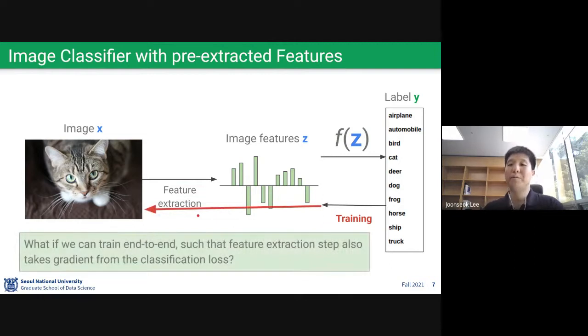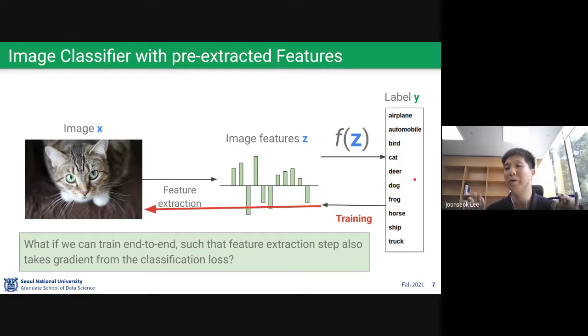But the idea of deep learning, or end-to-end learning, is like this. Should we always use some deterministic function to extract the features? Or can we update this feature extraction part as a parametric model using the loss we have in the end?